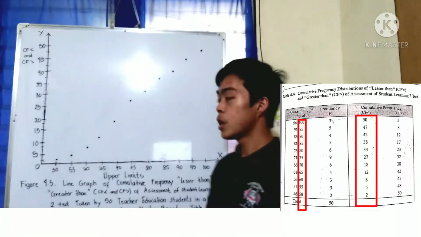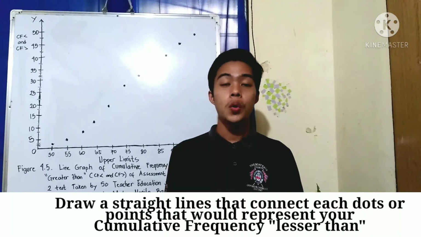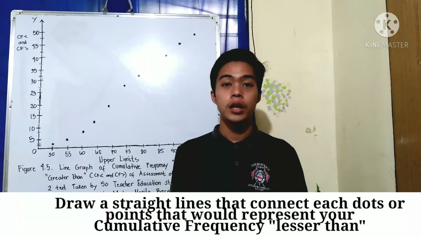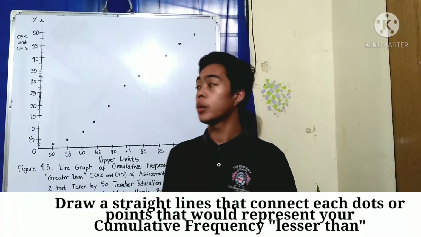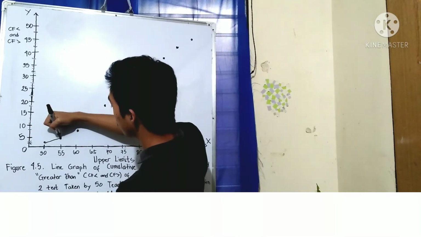Now, our next step is to draw straight lines that connect each neighboring dot. We will draw a straight line.